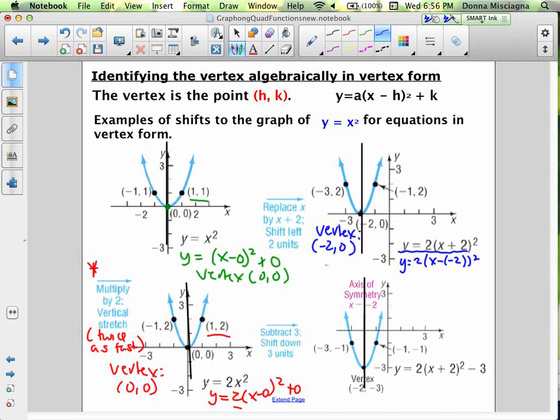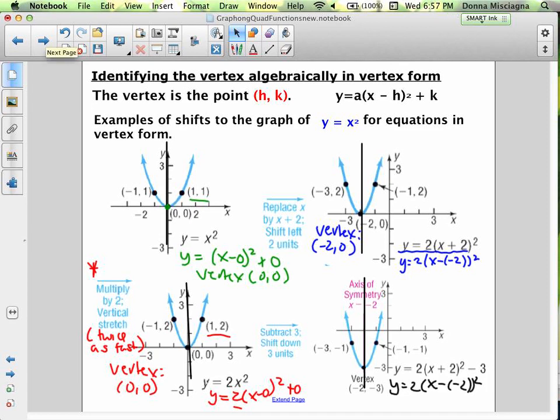What if, besides just replacing the x with an x plus 2, we also subtract 3? Well, then our graph is going to shift down 3 units. So now, on the last one here, we have y equals 2 times (x minus a negative 2) squared, and then, if we can squeeze it in, a minus 3.